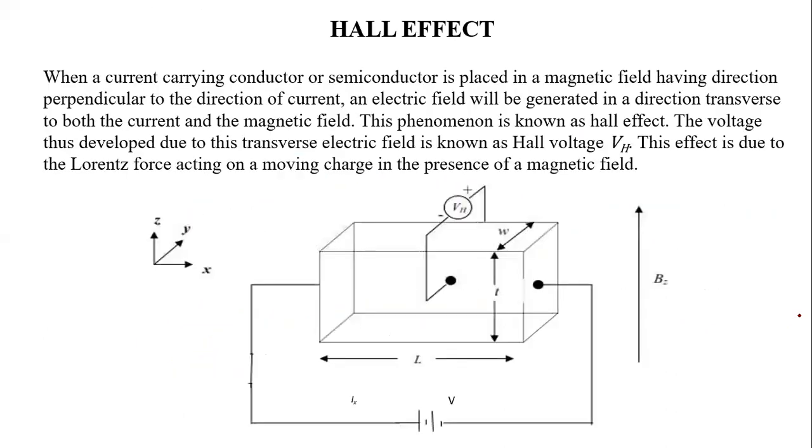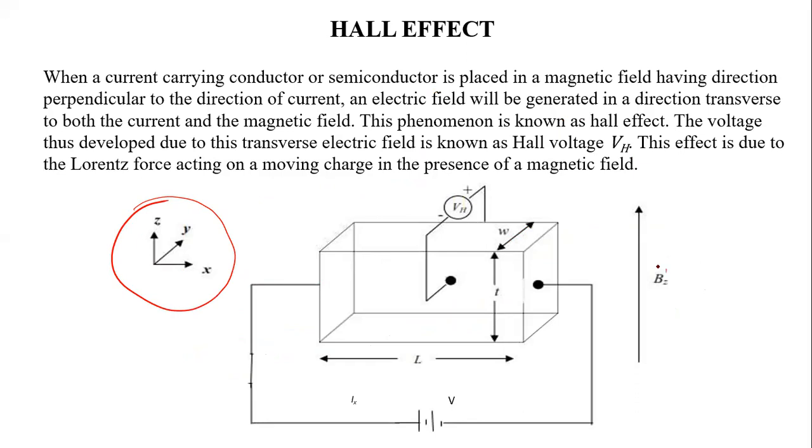Now, like we discussed, in this particular problem, we define our coordinate system like this. Along this direction is the x-axis, the y direction is towards behind the screen, and the z direction is upward out of the screen.